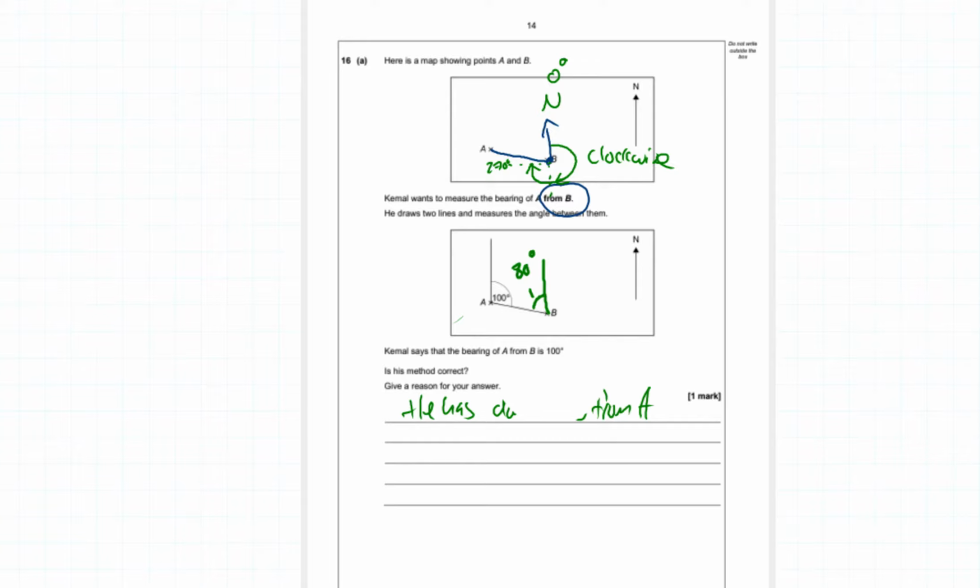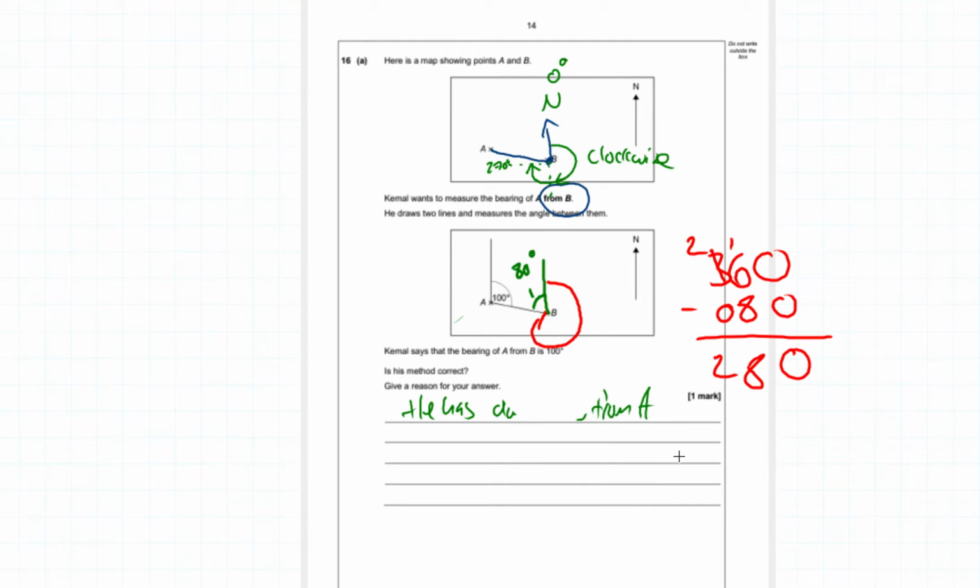To find the bearing, which is this angle here, we know that a full circle is 360, so we can do 360 minus 80. 0 minus 0 is 0. 6 minus 8 doesn't work, so we steal a 10 here, reduce the 3 to 2, and move the 10 over to make 16 minus 8, which is 8, and then 2 minus 0 is 2. So the bearing is 280.